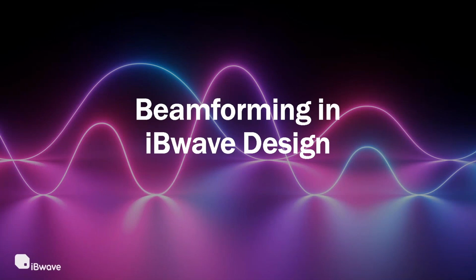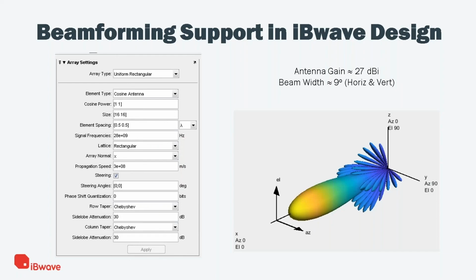Now let's talk briefly about beamforming and the key modeling aspects in IBWave design. In IBWave design, we made some generic antenna arrays, and we can use these generic antennas to do simulation and prediction. For instance, here I'm showing one example that we generated for a generic antenna, which is a 16 by 16 antenna array.